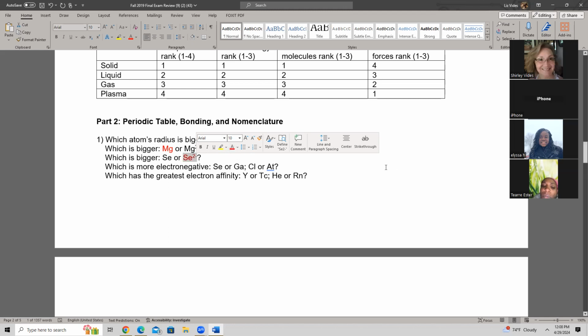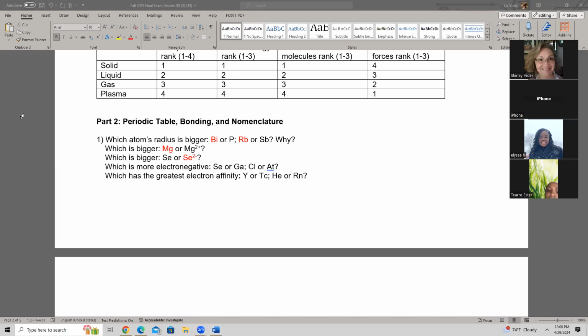All right, as far as electronegativity, let me change the color because that's hard to see. We're going to go to the right and up. So it's exactly backwards from the other one. So it's selenium or gallium, not sure, let's check.